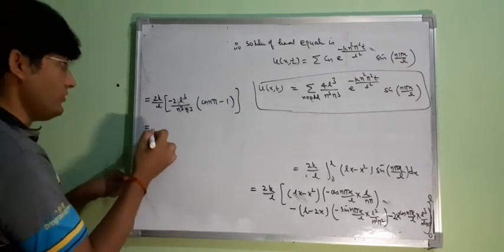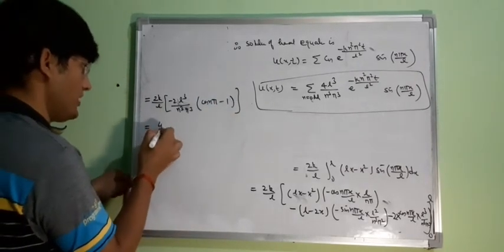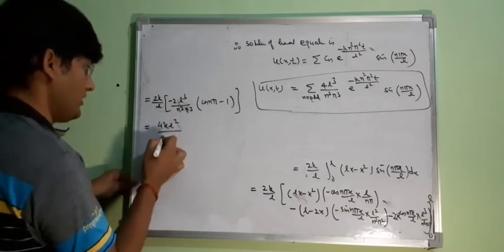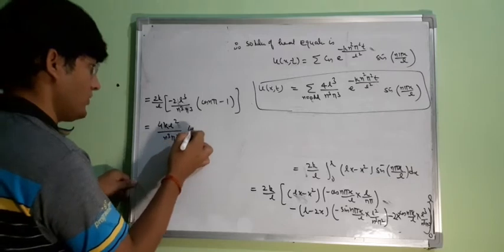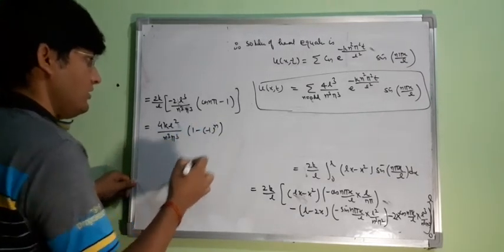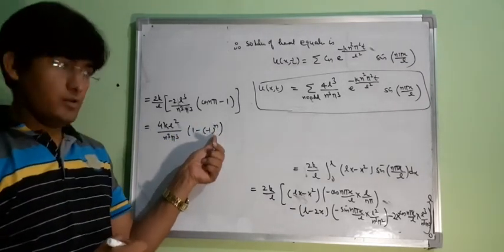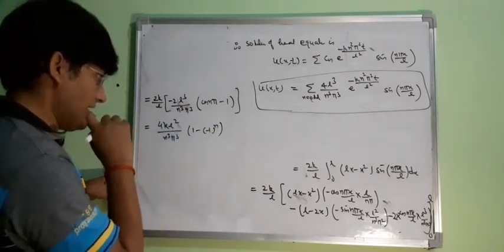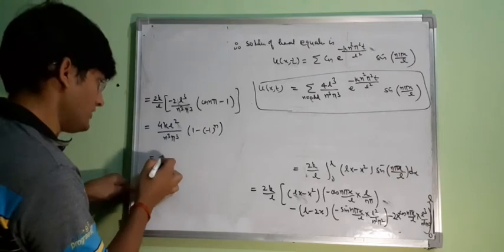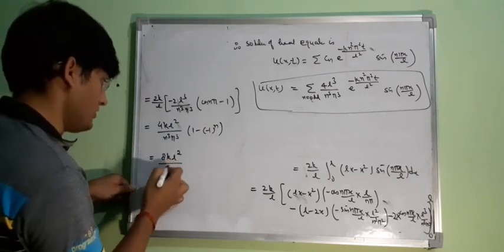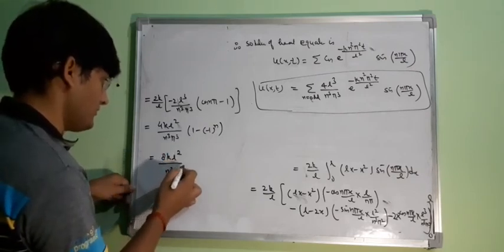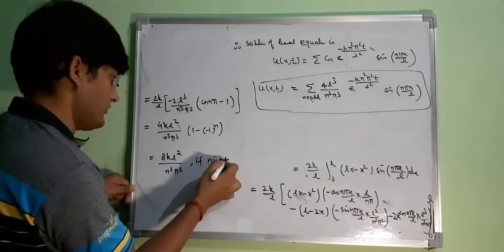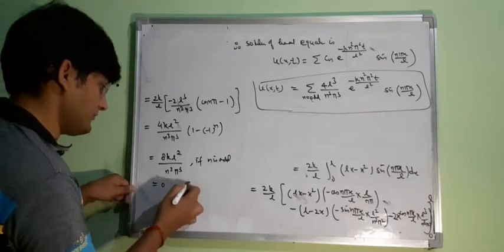So this is equal to 2 to the power 4 times k L square upon n cube pi cube into 1 minus (minus 1) power n. Now you can see that if your n is odd, then this will be 2 times, and for the rest of the cases it will be 0. So this is if n is odd, and for the remaining cases it is 0.